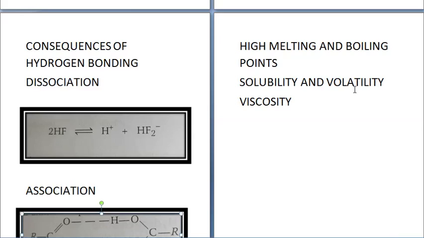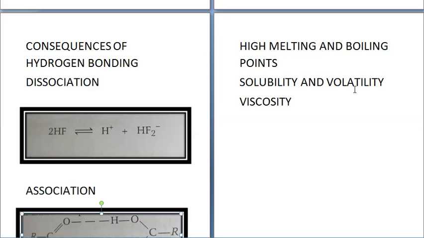But in the ortho condition, OH is at the first carbon of the benzene ring and NO2 is on the second carbon, so they are close to one another. The H of OH and the O of NO2 form a hydrogen bond. So intramolecular hydrogen bonding takes place in ortho, whereas it does not take place in the para condition.